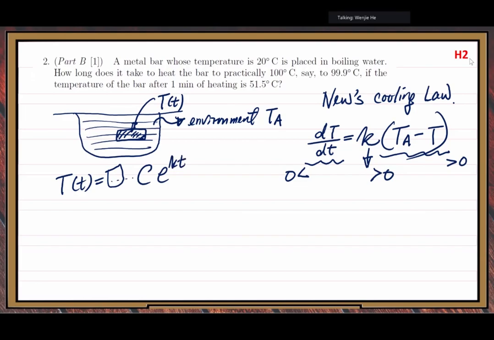Then you can determine this C by the initial value, because T of 0 equals 20 degrees. So you can determine this capital C. After that, you have another temperature, so you can determine this K.